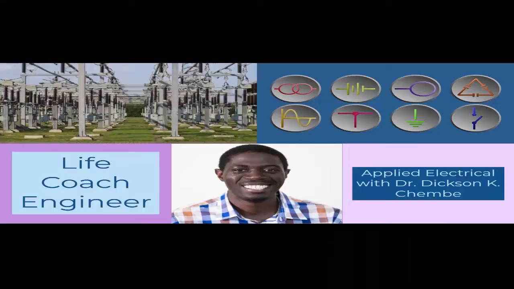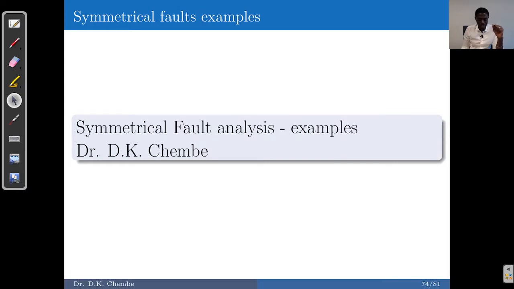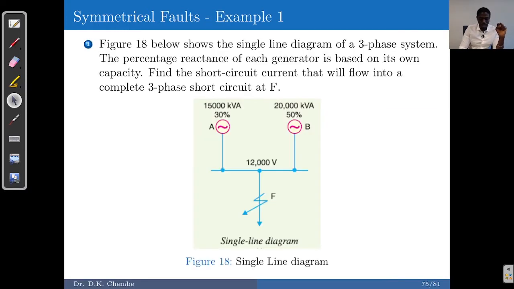That's my way. The first example that we look at is the example displayed here. So here we're saying in this figure there's a single line diagram of a three-phase system. The percentage reactance of each generator is based on its own capacity.